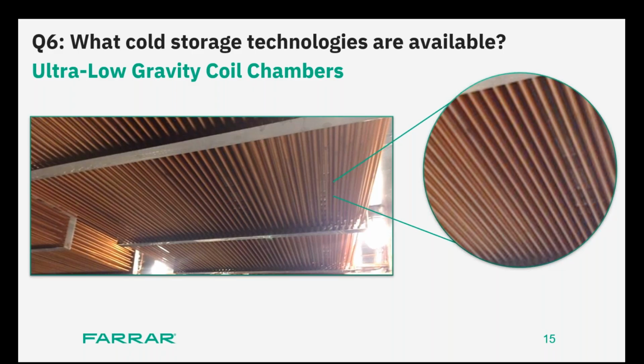So with the gravity coil, no air movers, no fins, the cold air just drops to the bottom, the warm air goes to the top, and we're trying to do a lot of mitigation to make sure you have full capacity and runtime on the units by keeping moisture away.